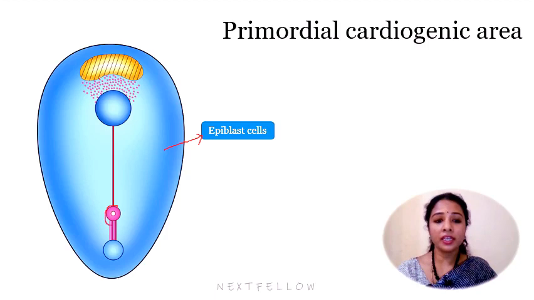This is the cranial end of the primitive streak. Just at the cranial end of the primitive streak, the epiblast cells migrate from the epiblast layer through the primitive streak into the splanchnic layer of lateral plate mesoderm.